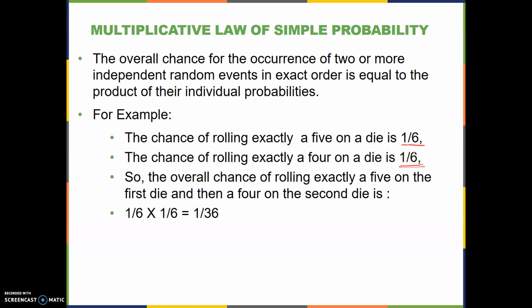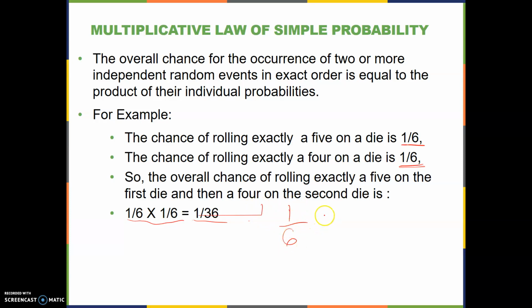So if you want to know what the chance is of rolling a 5 on the first die and then a 4 on the second, then you would multiply. This is called the product rule. So you would say 1/6 times 1/6, which is 1 over 36.